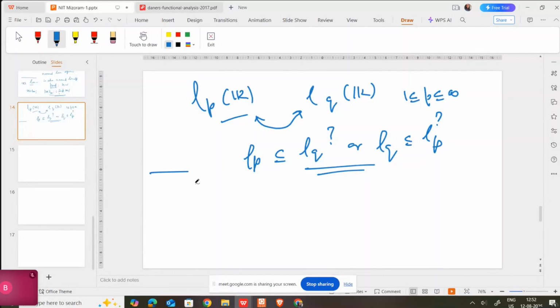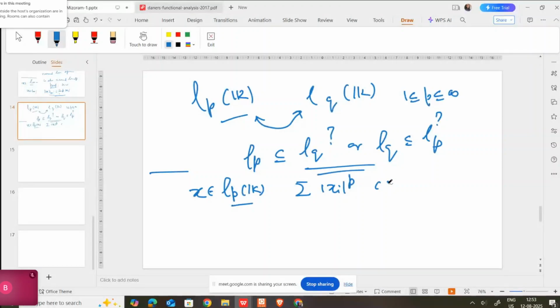First question is very simple. If you take x in l^p, then the summation of |x_i|^p, i equal to 1 to infinity, is finite. Now this is an infinite series and that sum is finite. So this implies that |x_i| goes to 0 as i goes to infinity.